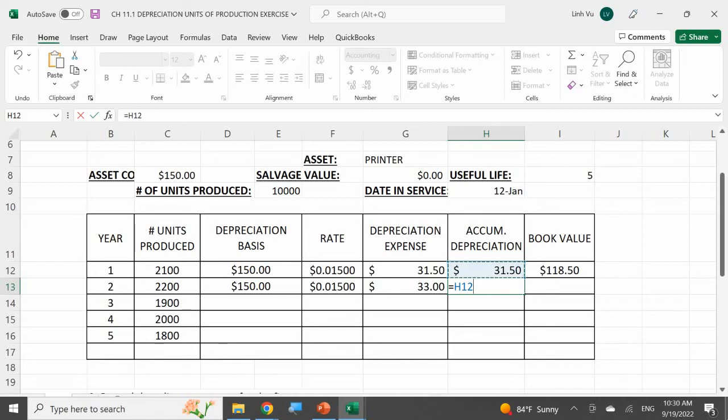31.50. Okay. What's my current year's depreciation expense? $33 even. So what's the total of that?